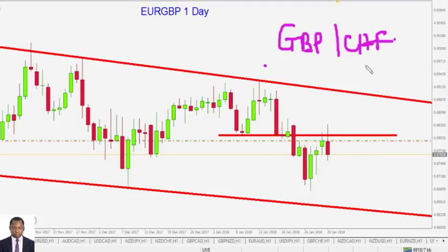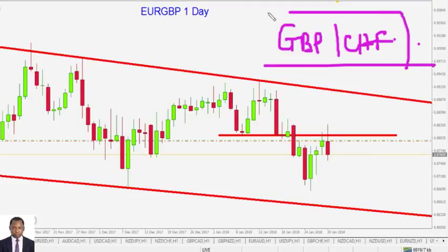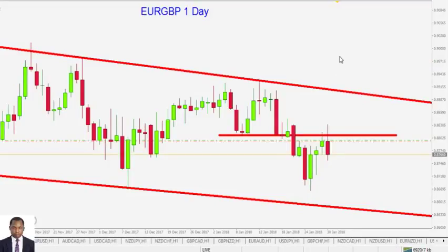Both of them are correlated, so we'll be taking this one instead of the euro against the sterling pounds. All right, directional bias for this pair is to the downside for the next trading day. So we are expecting to see possibly a red candle push to the downside for the euro against the sterling pounds.